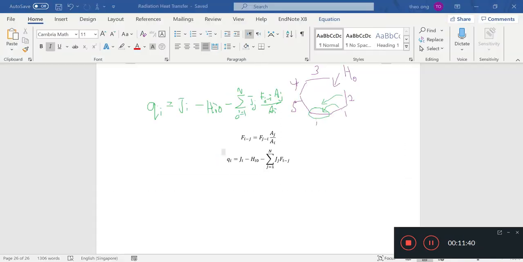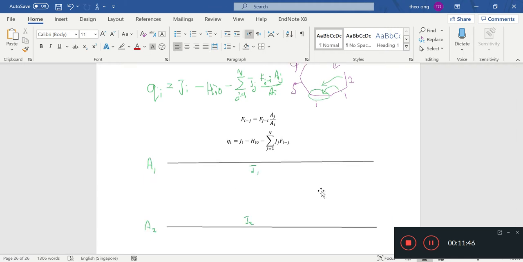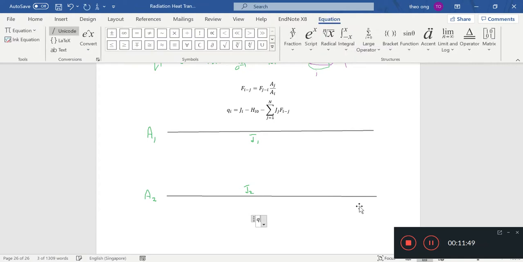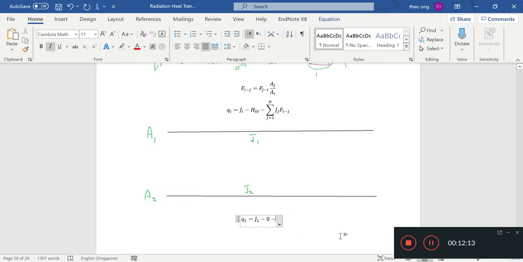Okay, let's do this slowly. So we know that, let's say Q1, so that is equal to J1 minus 0, because there is no external radiation. And then we need to include the heat transfer from this surface here, which is J2. So J2 F, okay, F what? 2 to 1.